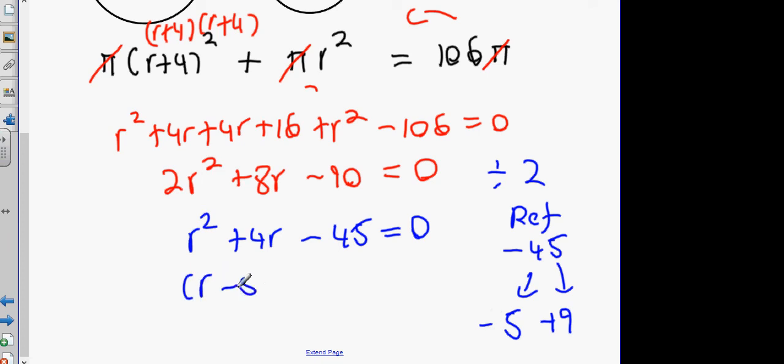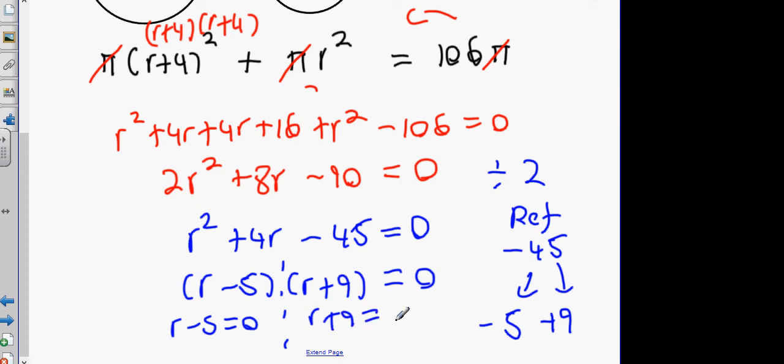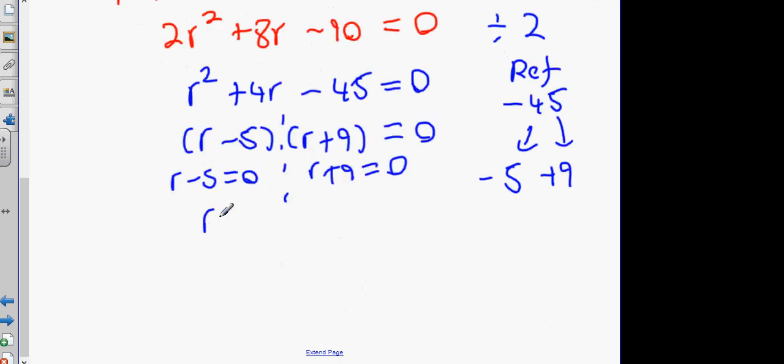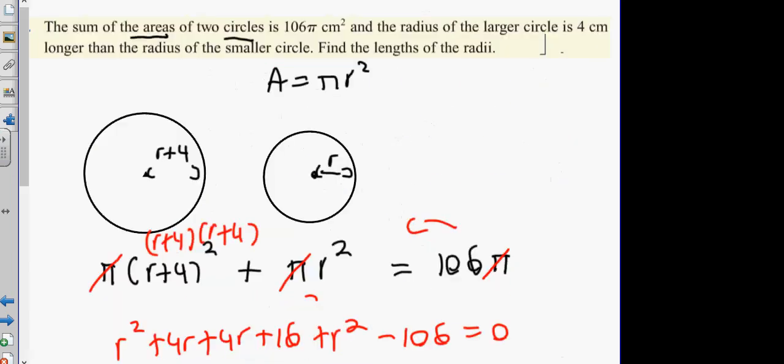Then we're going to get (r minus 5)(r plus 9) equals 0. The two answers are going to be r minus 5 equals 0 or r plus 9 equals 0. Therefore, r equals 5 or r equals minus 9. r cannot be equal to minus 9 because it's a length. Therefore, it can't be a minus number.